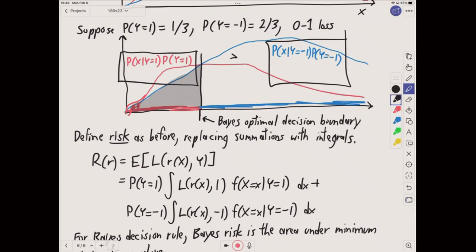On the other hand, if you go to the right side of that decision boundary, well, now we're classifying all those people as having no cancer. But again, the probability that we'll be wrong about that is specified by this red curve here. So the area under the minimum of the blue curve and the red curve, that is what we're looking at now. That's the Bayes risk.